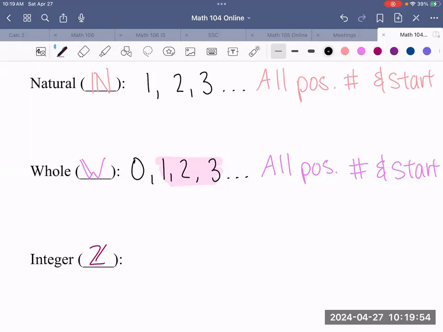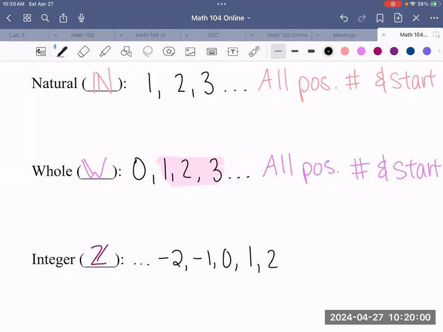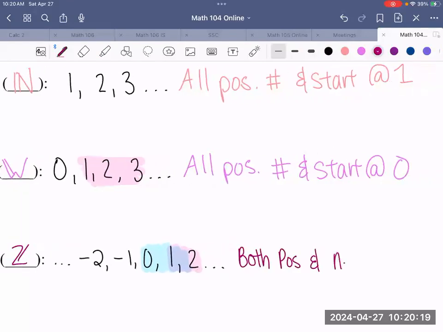Now this is where your negative numbers come in, so we can start with -2, -1, 0, 1, 2, and so forth. So you'll notice that your natural numbers are in here. Your whole numbers are also in here. And now we've then added integers. So integers are both positive and negative numbers.